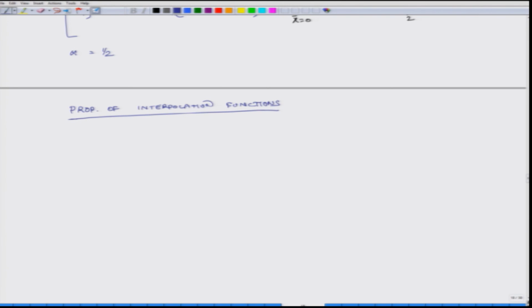The first property is that the value of psi i at the location of the jth node, this is the coordinate of the jth node, and this is the ith function.